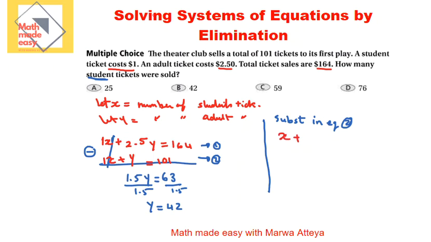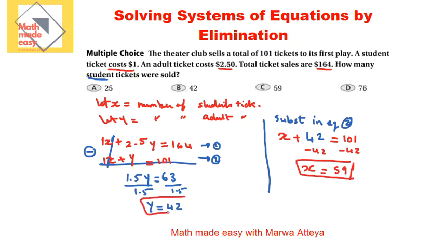I only have the value of y, so I'm going to substitute y equals 42, and together they should make 101 tickets. Subtract 42 from both sides, and you will end up with x equal to 59. So the number of students' tickets sold is 59, which is choice C.